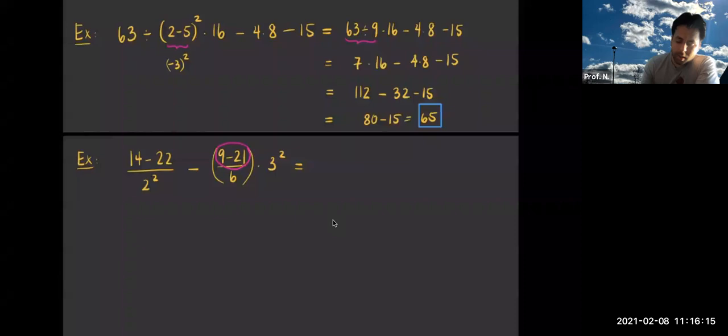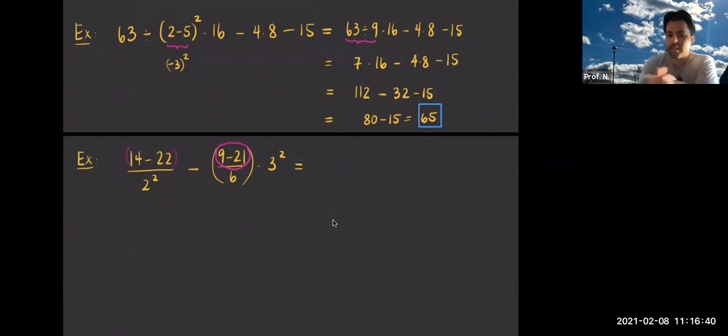So this is where it can get a little tricky. When you have a fraction like this, in a way, you can break this up into numerator divided by denominator. So there really are parentheses around the 14 minus 22.